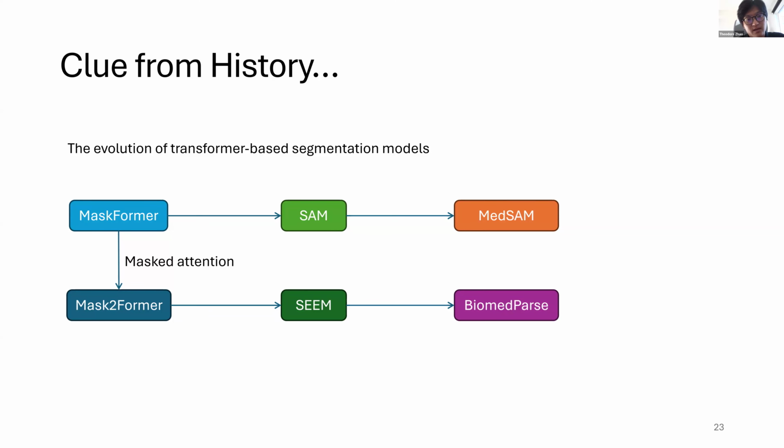There was a lot of adaptation, but the mask decoder from SAM was mostly adopted from MaskFormer in spirit. And the SEEM model, Segment Everything Everywhere, which BiomedParse was based on, was adopted from Mask2Former, but also added a lot of other things to make it able to do promptable segmentation. But the clues can be found in this line of history.